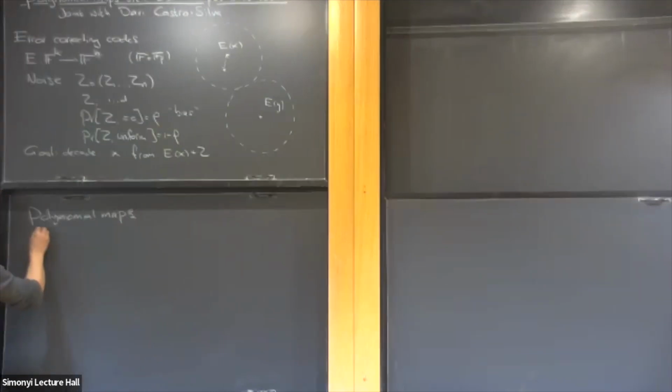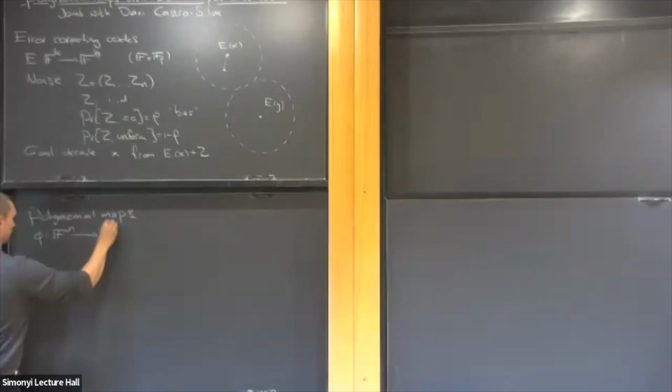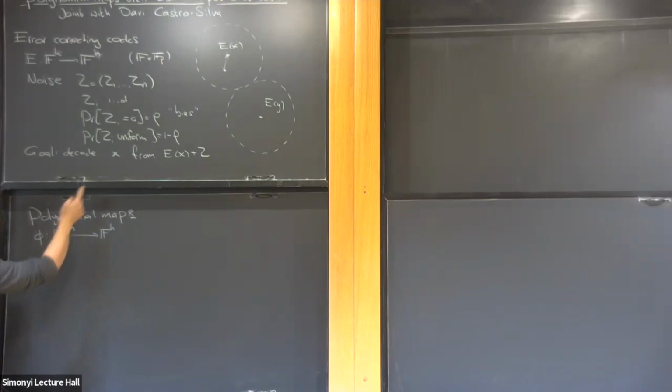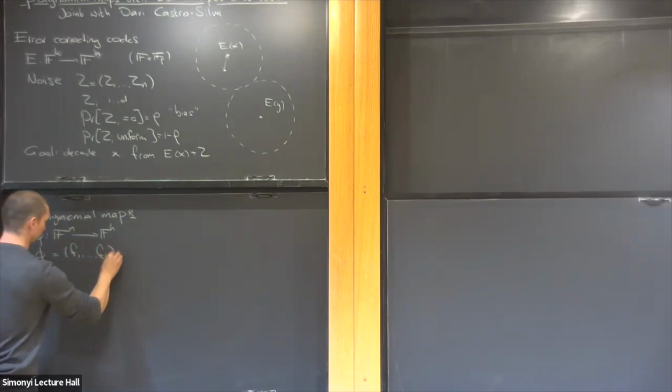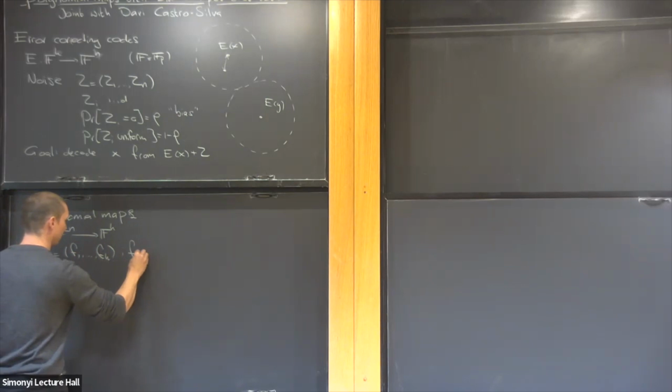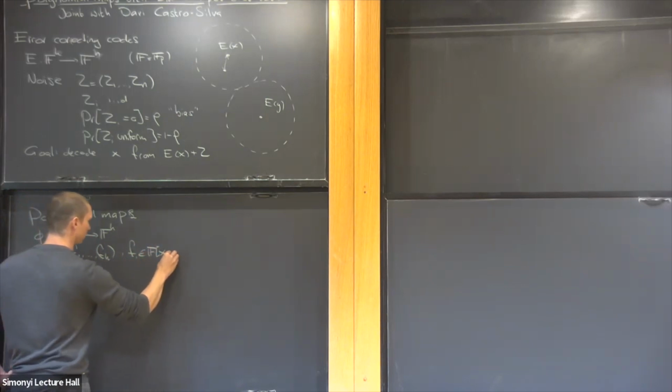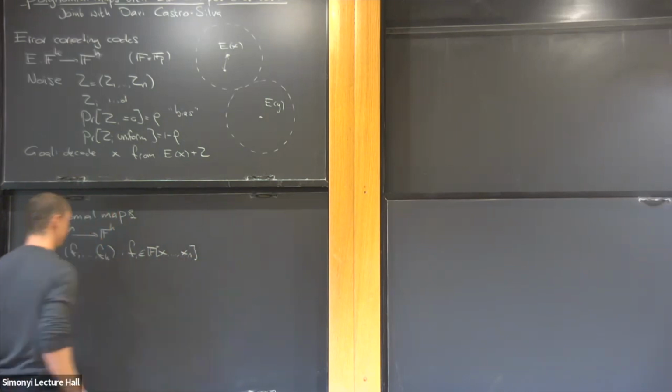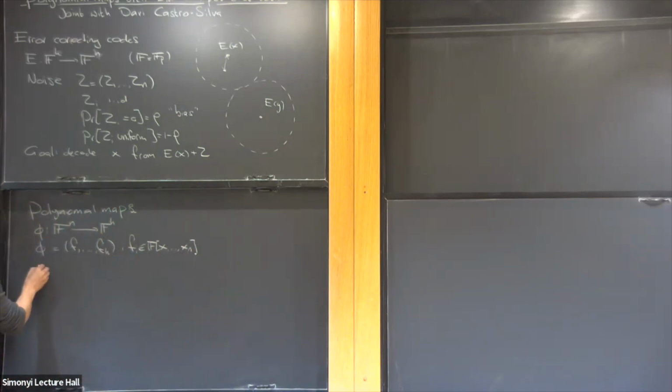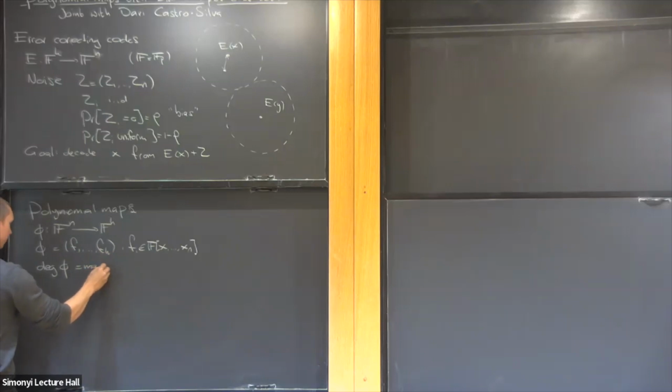So a map phi from F to the n to F to the k, say, sending noisy code words to messages, is a polynomial map if it is given by a k-tuple of polynomials f_i, polynomials in n variables over the field. And I'll define the degree of this polynomial map as the largest degree among the polynomials that define its coordinates.